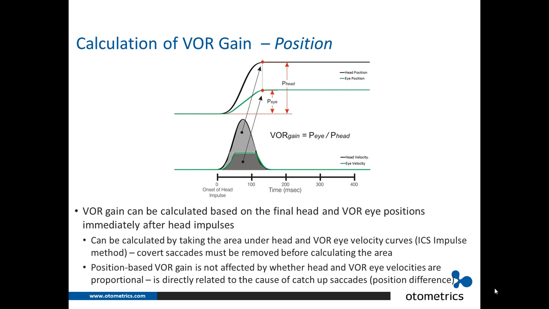This is the method that ICS Impulse uses, and it seems to be the more logical way of defining the VOR gain. After all, the position difference is what triggers the catch-up saccades, and the position-based VOR gain directly represents that difference. The only complication with this method is when covert saccades are present.